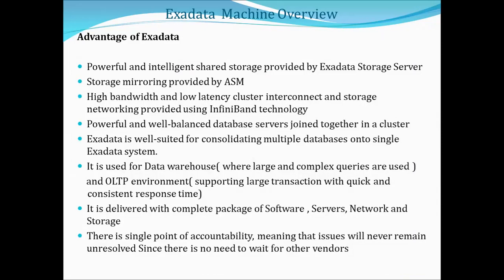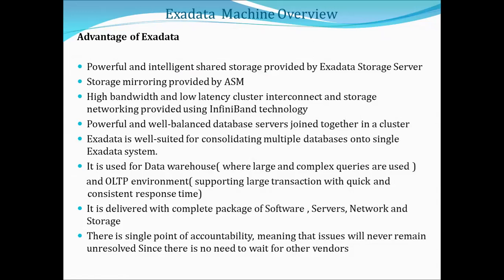So how is an Exadata machine different from a normal machine? The main advantages of Exadata are here. Exadata has powerful and intelligent shared storage provided by Exadata storage servers, with storage mirroring by ASM.